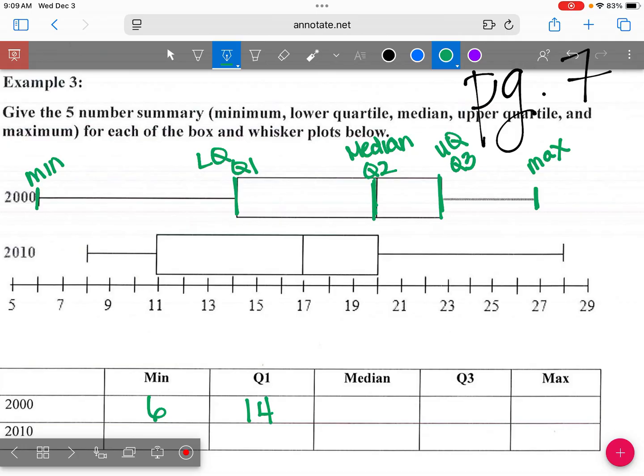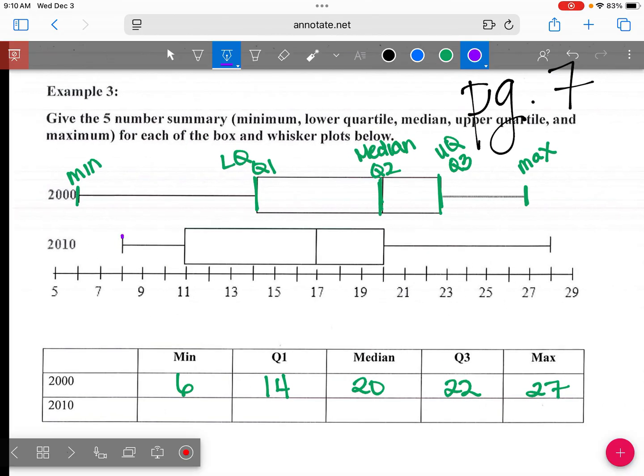The median looks like that's about 20. Q3 is really in between. It's like 22 and a half, but we could say 22. And you could do that on the test. You can round it or approximate it. And then the max was close to 27.